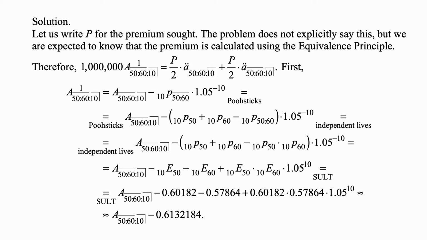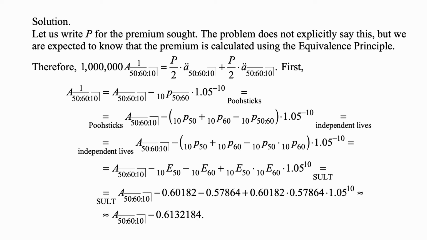But anyway, we don't have these second to die actuarial present values in the table. We need to find them in some way. And there is the second to die term insurance, and it is equal to second to die whole endowment insurance minus 10-year pure endowment on the same status, which is 50:60.